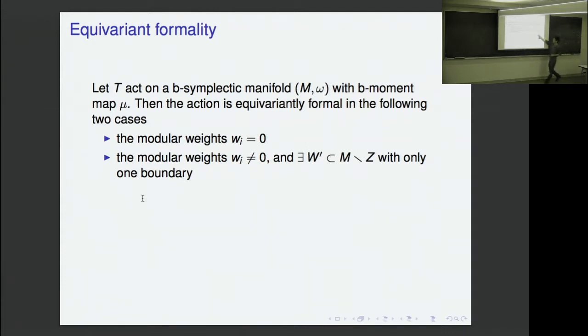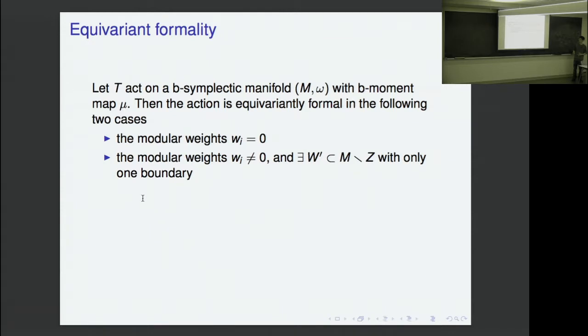It's when there is an open component outside of the singular locus with only one boundary. Things like this. It means that you can actually stack up all these open components vertically, and using this vertical lining, we can do the Morse theoretic arguments with respect to this vertical lining, and then still make things work. So we will have these two cases such that we still have the equivariant formality for the torus action on b-symplectic manifolds.